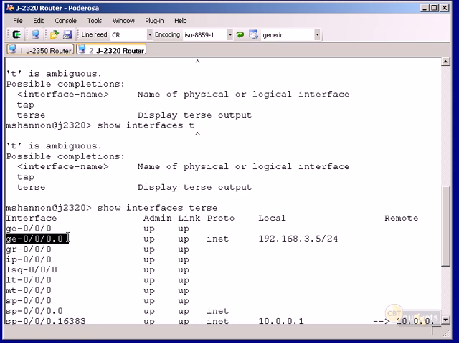Or if this is a non-VLAN interface, it doesn't have a VLAN tag on it. If it's non-VLAN tagged, then if it's not a VLAN interface, it's got to be 0. So remember that for the exam. If it's a point-to-point circuit or a non-VLAN tagged Ethernet, which is what this is, then the unit number must be 0.